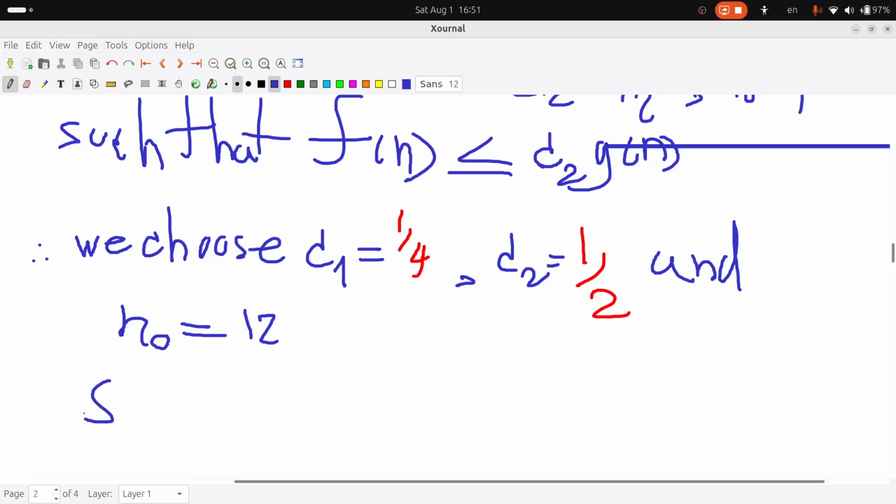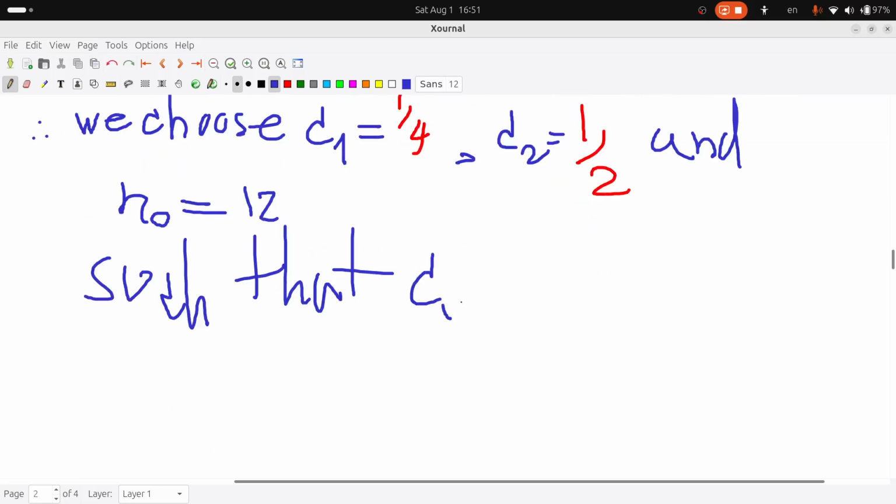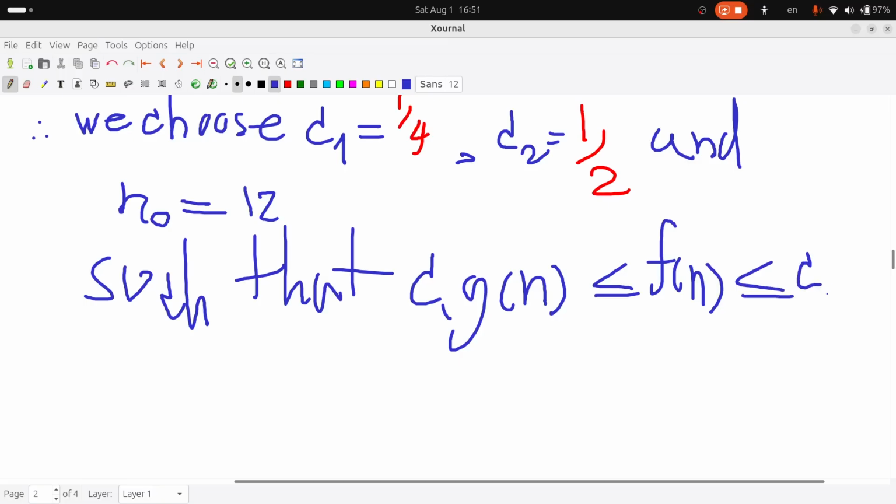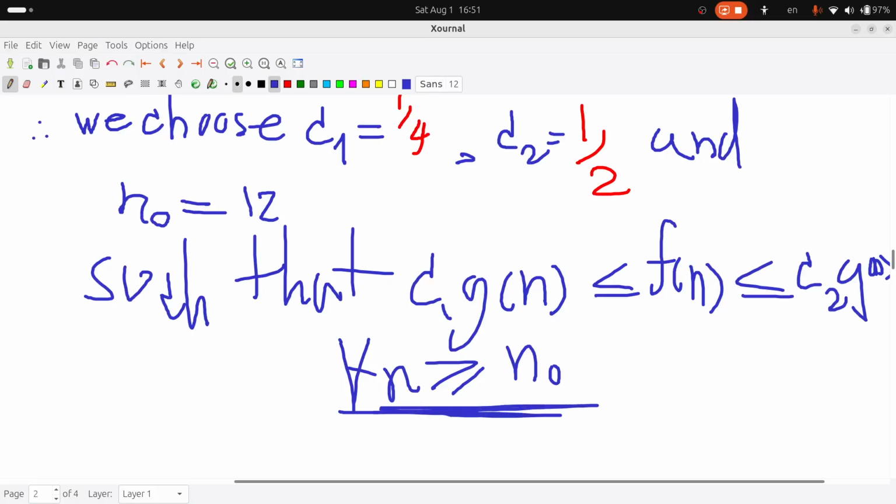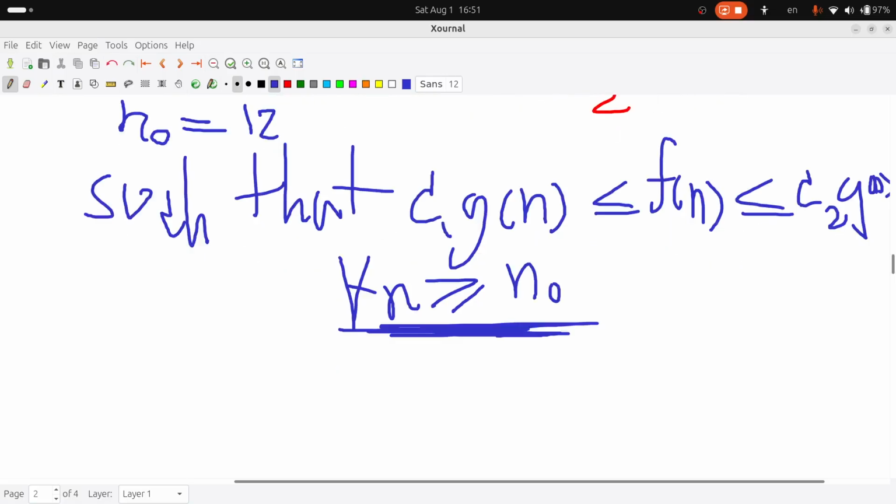And we write the phrase that C1 Gn is less than or equal to Fn, which is less than or equal to C2 Gn, for all n greater than n0. Don't forget to write this part. It's the important thing for theta notation that we specify the starting point.